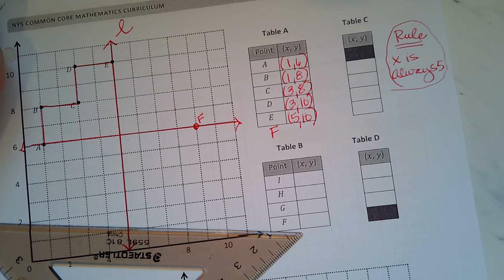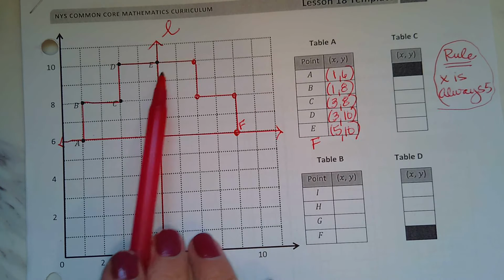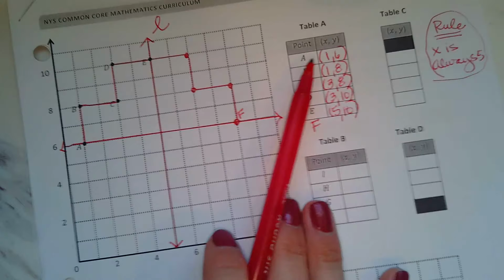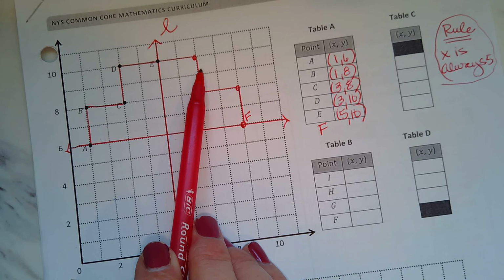Try that and come on back. All right, is this the figure that you ended up with? Well, how did you solve that? Did you just count the units, and if it was 2 units on this side, you knew to go over 2 units on this side?